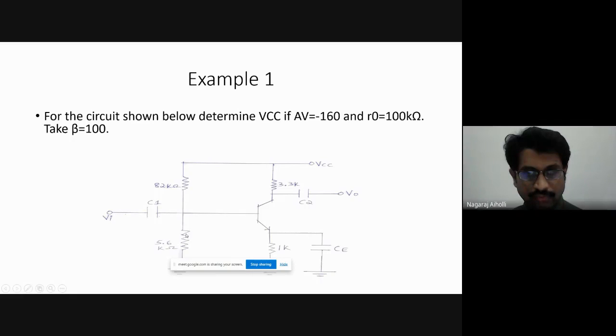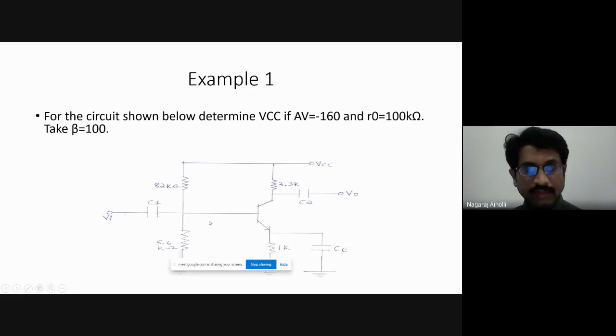Part of the current flows through 5.6K and part flows through the base to emitter junction of the transistor. Current entering is taken as positive, current leaving is negative. Base terminal positive, emitter terminal negative.